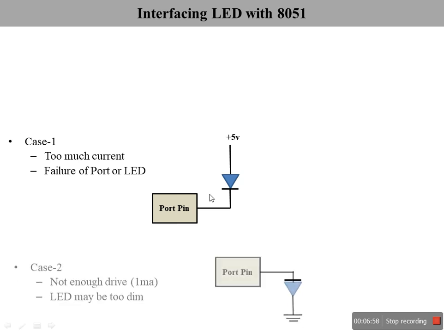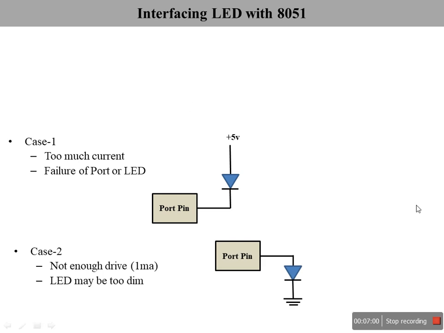There is another configuration which is possible. Instead of connecting the anode to a power supply, we can connect the anode to the port pin of the microcontroller, and the cathode can be directly grounded. Here, more current may not be flowing, but there is a limitation: every pin of the port of any microcontroller gives only a limited amount of output current.